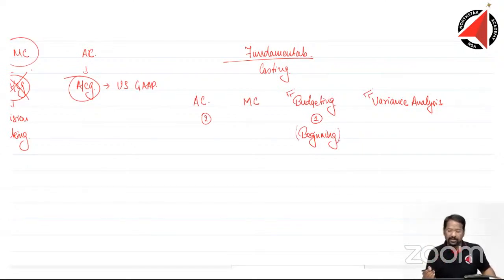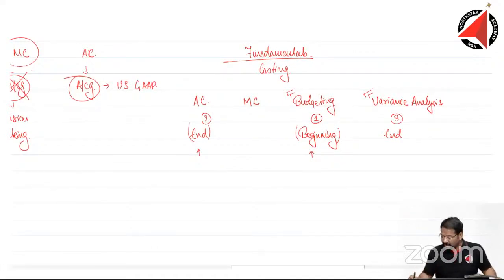So the entire costing details for the year, you are always going to ascertain at the end of the period, right? So when are you going to analyze if your plan actually went as per plan or something different happened? That analysis is also going to happen at the end of the period. So in simple words, variance analysis you are going to do at the end of the period.